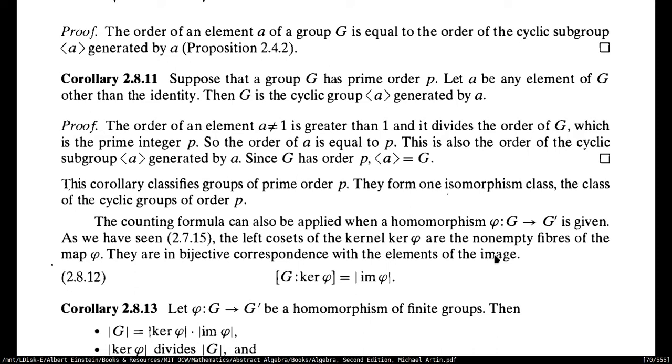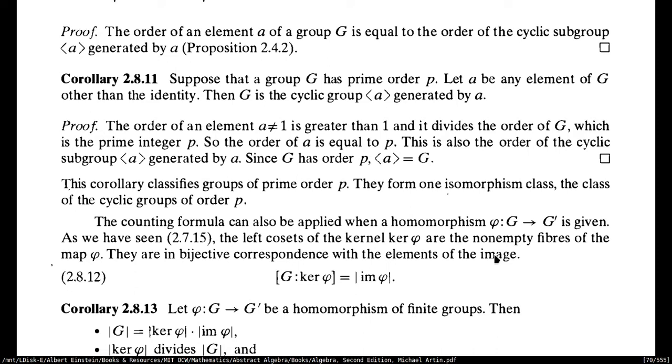So what this gives you is that with the counting formula, the index of the kernel of phi in G is equal to the order of the image of phi, right?